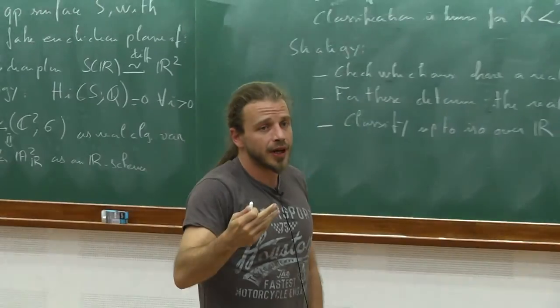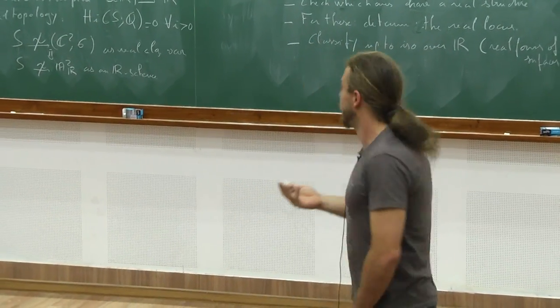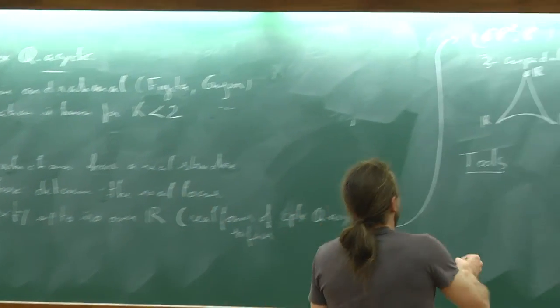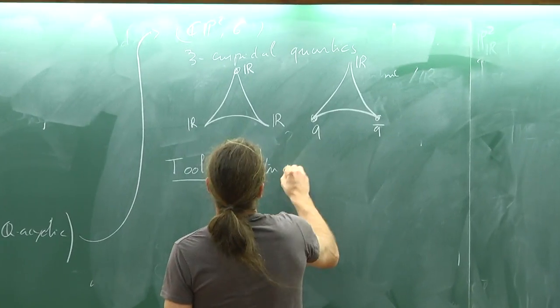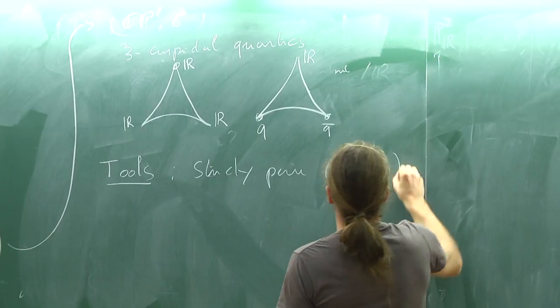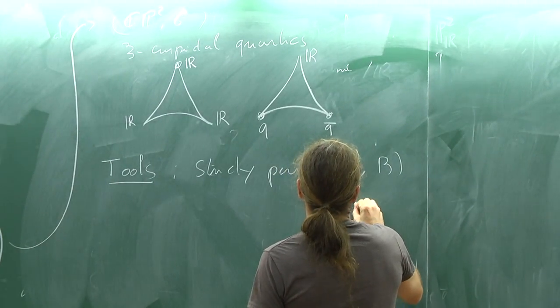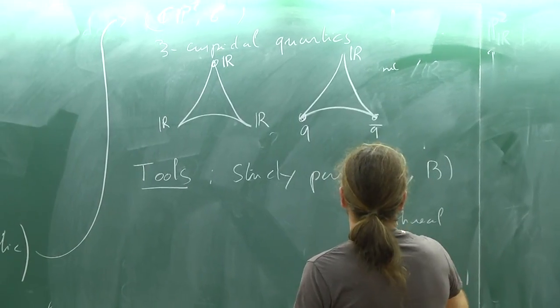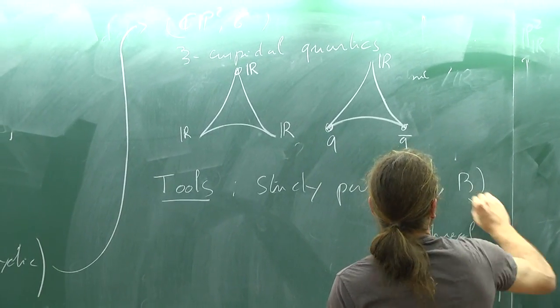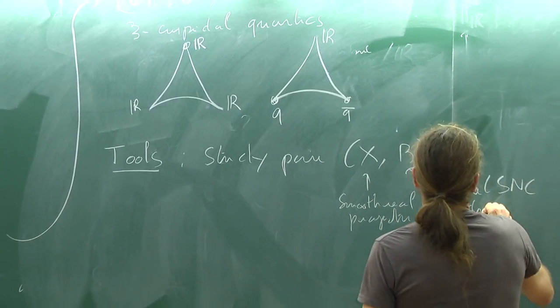And we can assume that the boundary is an SNC divisor defined over the real. So in fact, we have to study pairs (X, B), where X is smooth real projective and B is a real SNC divisor.